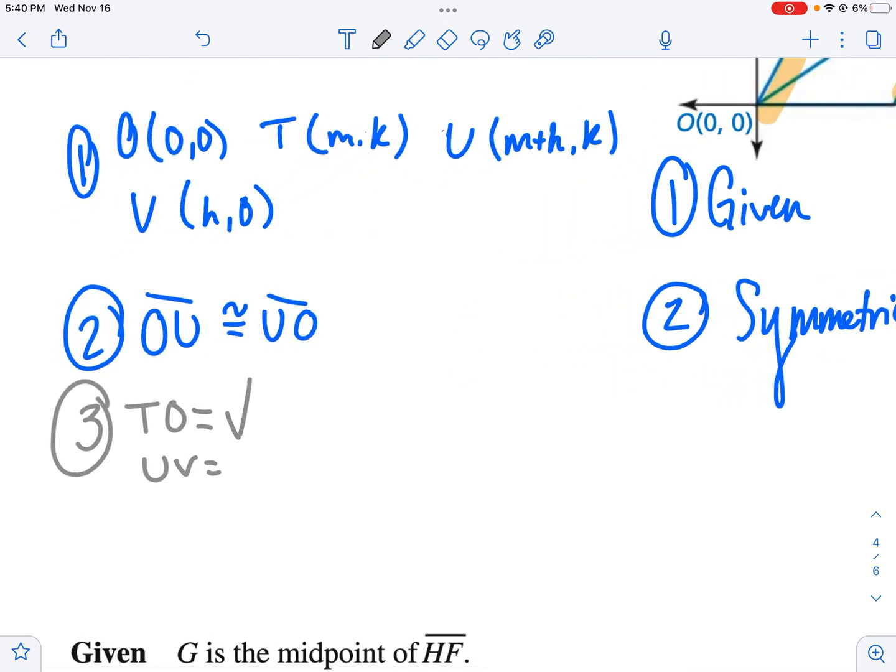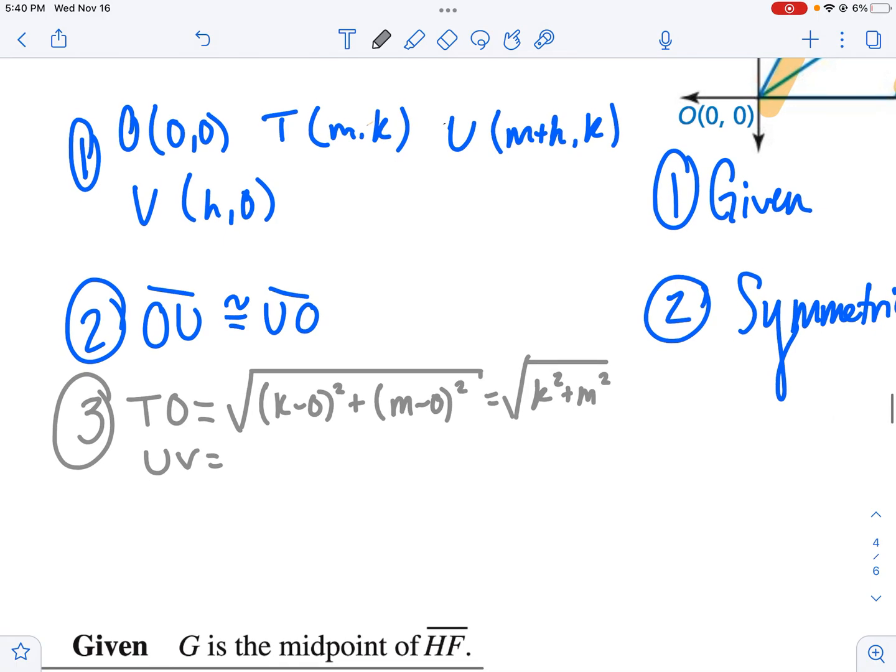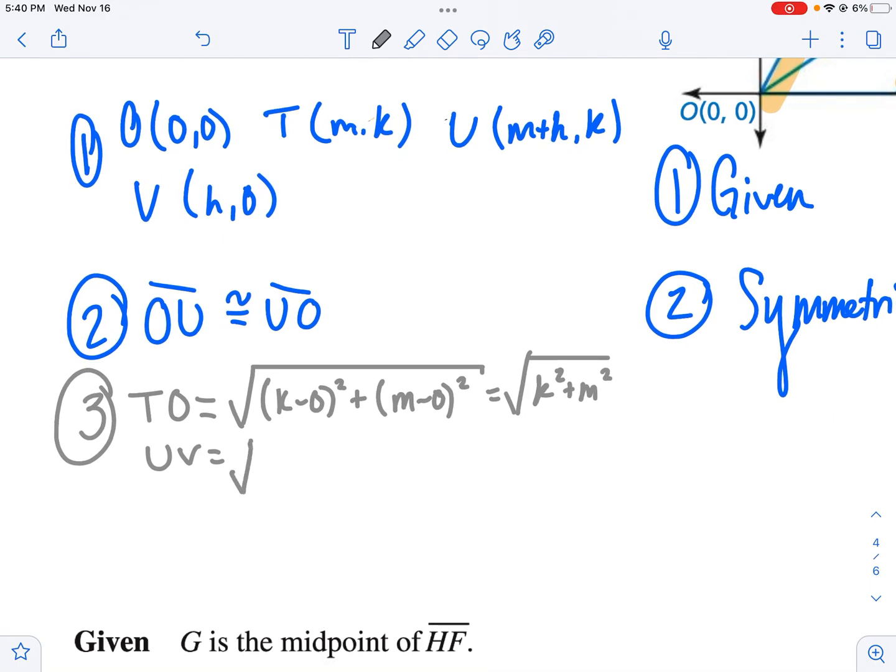So I'm going to find the distance of TO and the distance of UV. All we're doing here is substituting these values from T and O into my distance formula. So it would be k minus 0 squared, y2 minus y1 squared, and m minus 0 squared, x2 minus x1 squared, which is the square root of, if I simplify, k squared plus m squared. UV, similarly, just substitute in those values.